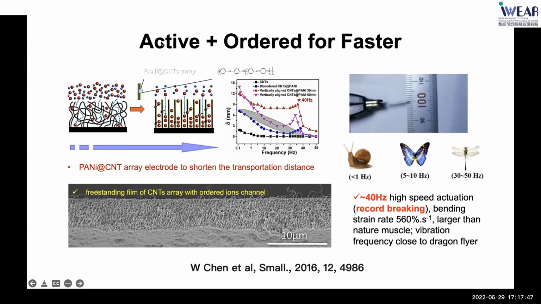So the idea is that if we use the active sites and the oriented electrodes, we can achieve much faster ionic actuations. Now, 40 hertz is not too fast compared with electronic devices, but for ionic devices, it is faster than previously reported results.